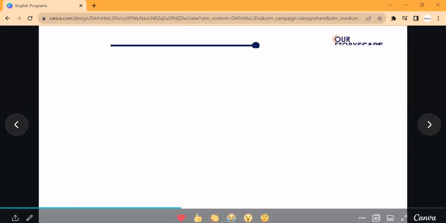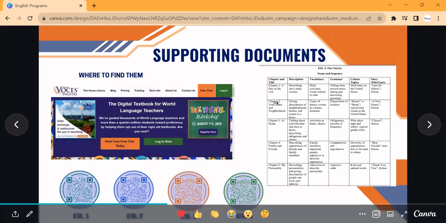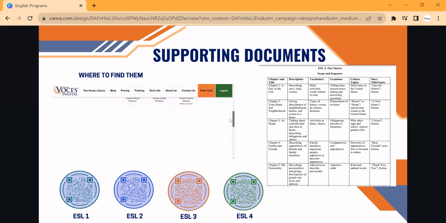You will see the chapters, the topics that are covered, the different functions that students need, the topic cultures, the cultural information, and the story that we have.